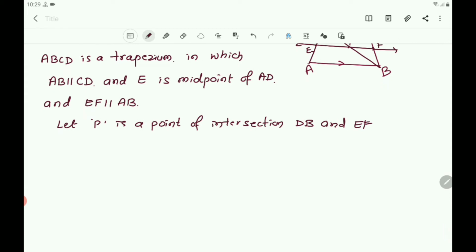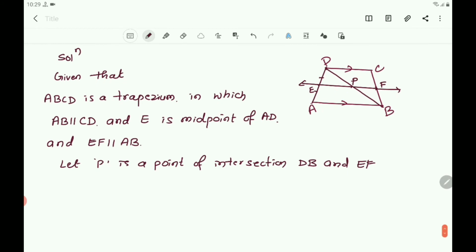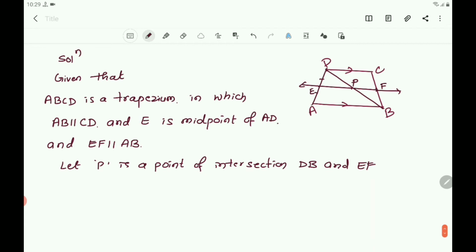Now here you take the triangle ABD, and E is a midpoint of AD and EF is parallel to AB. So according to the converse of midpoint theorem, you can say that P is also the midpoint of BD. You know that the converse of the midpoint theorem says that a line drawn through the midpoint of a side of a triangle parallel to the second side bisects the third side.